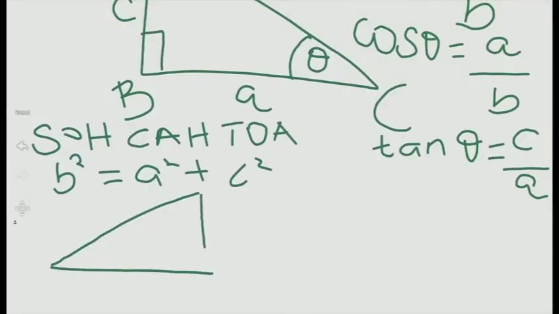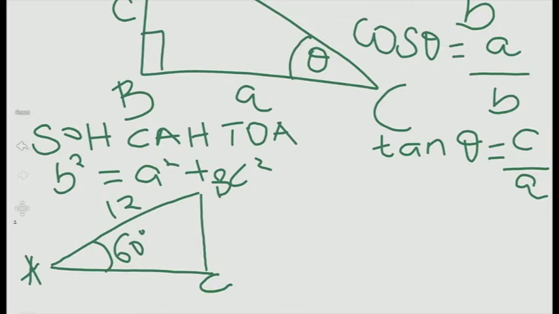Let's draw another one of our own. Let's say this is 60 degrees, and we are given that this side is 12 centimeters. We have A, B, C. We have one angle, we have one side.